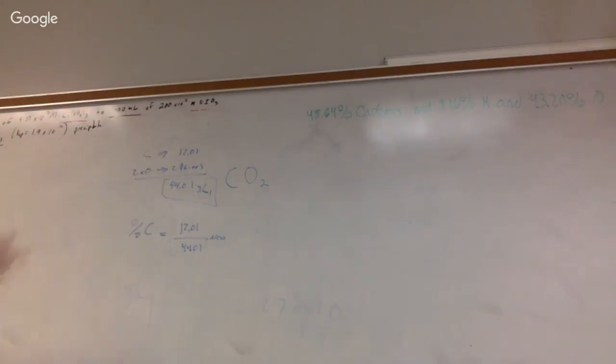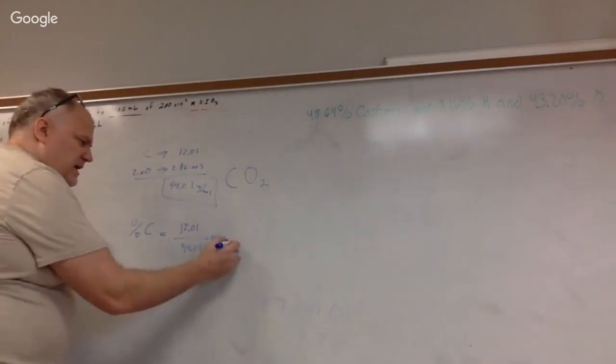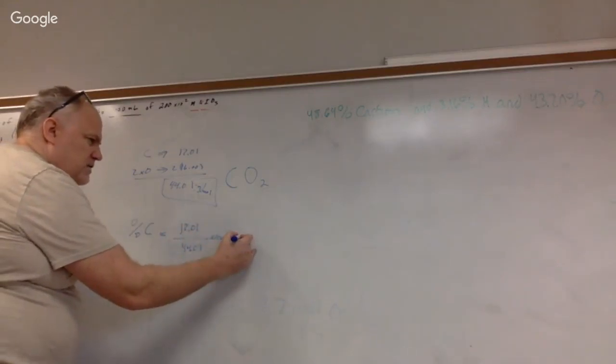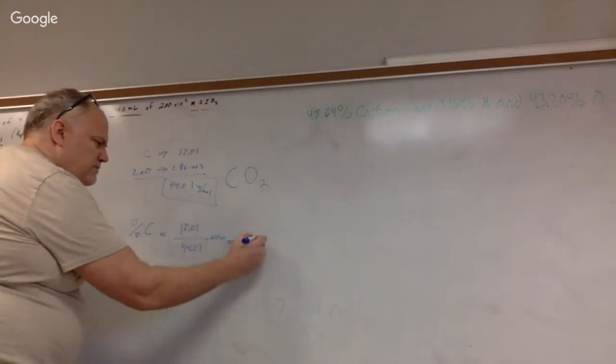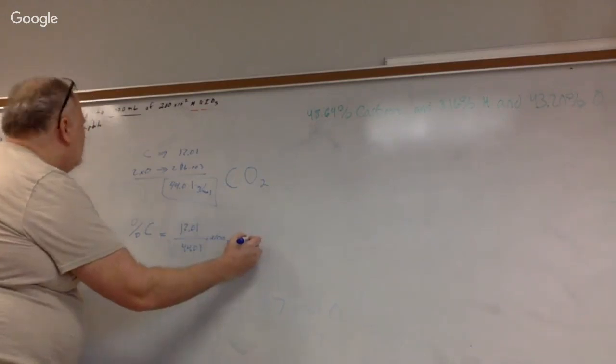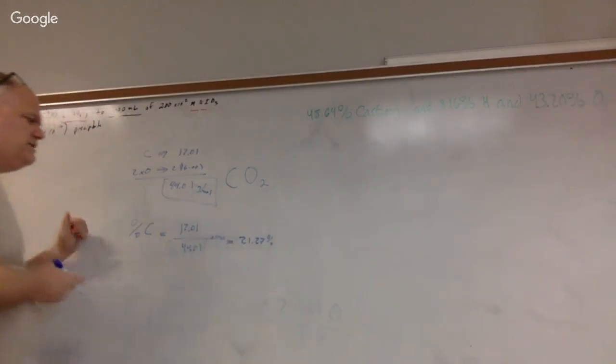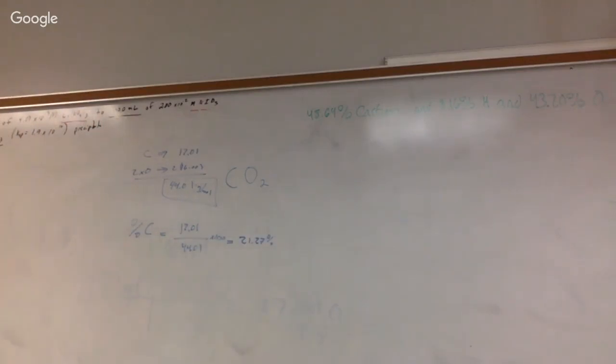So if I do the math on this, I believe it becomes 27.27%. Can someone on their calculators divide 12.01 by 44.01?